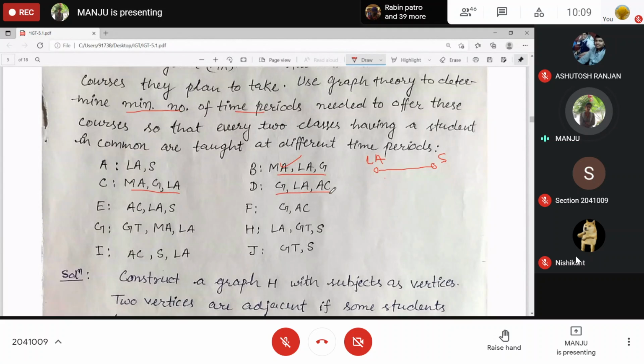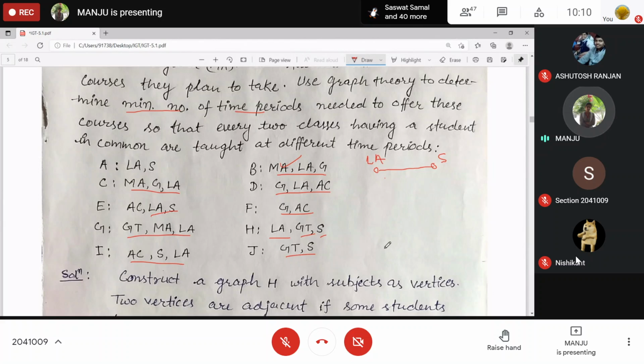Then G, LA, AC, there will be a C3 connecting AC, LA, and G. Then AC, LA, and S, there will be one more C3. There will be an edge between G and AC. There will be a C3 connecting GT, graph theory, modern algebra, and LA. Linear algebra, graph theory, and S, there will again be a C3. And a C3 for connecting these, and one edge from here to here.